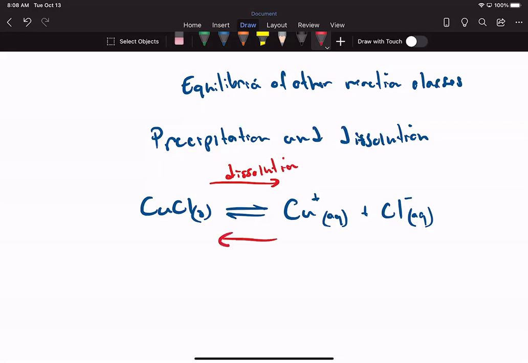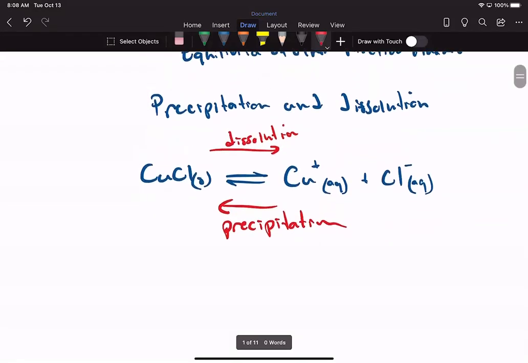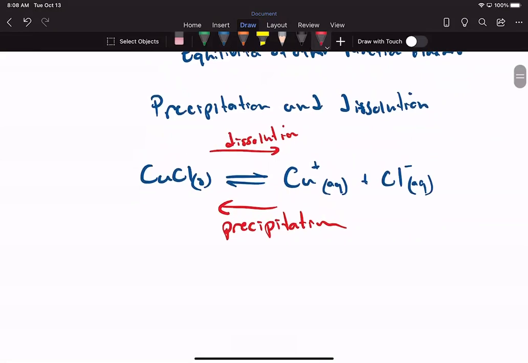If we're going in this direction, taking ions and making a solid, that is what we would consider precipitation. Precipitation is when a solid precipitates out of the solution. We mix these ions together, and from that mixture we have some solid that precipitates from that solution.